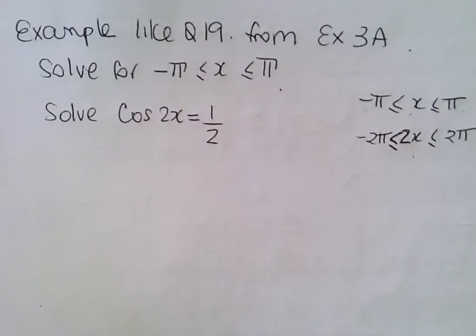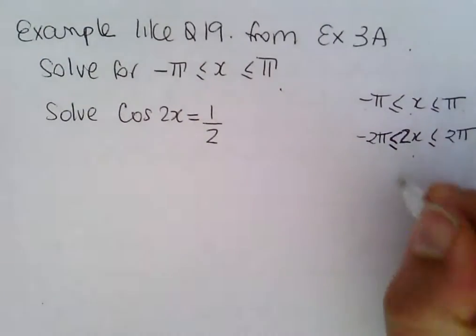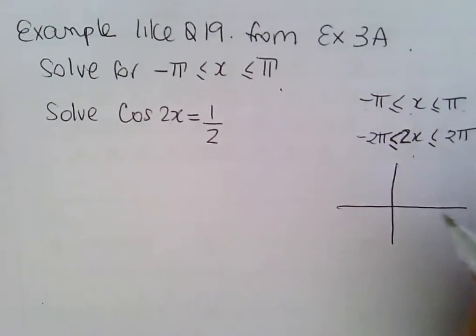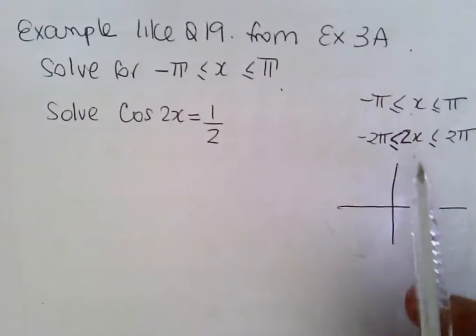And yes, we're going twice around the circle, but not like you think. We're going from 0 to 2 pi and we're stopping, and then to do the second loop of the circle, we're going backwards because we're going from 0 to negative 2 pi. See what I'm doing?